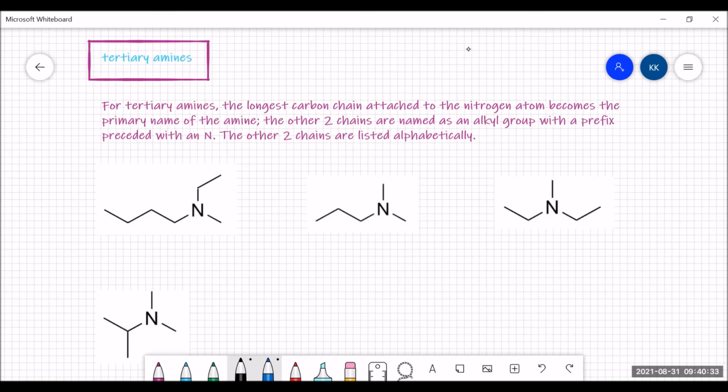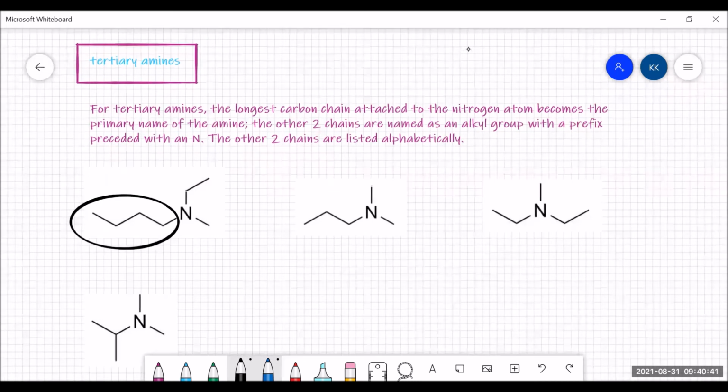Let's do some examples. So in our first example here, our longest carbon chain is here. This is 1, 2, 3, 4. So this is butanamine. What we have attached to this, we have an ethyl group and we have a methyl group.